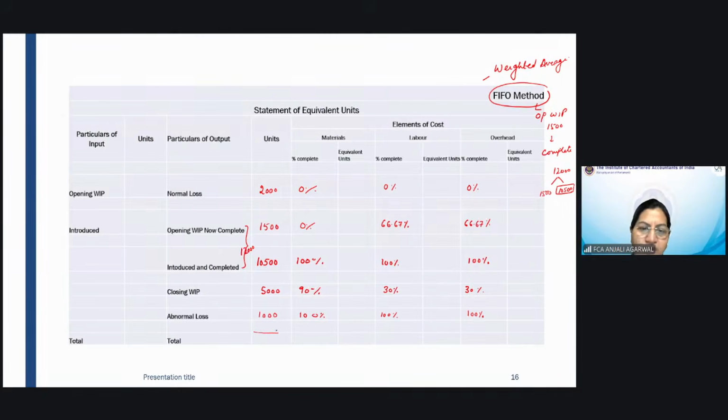So the total of units will be 20,000, which should match with the input. Particulars of input: opening WIP, 1,500 units. Introduced during the process, 18,500 units. So the total will be 20,000.